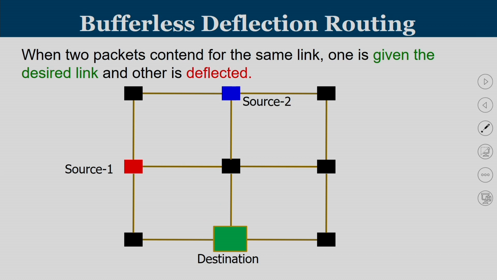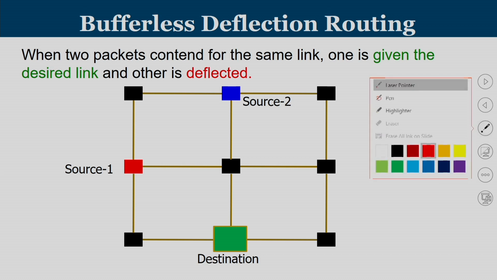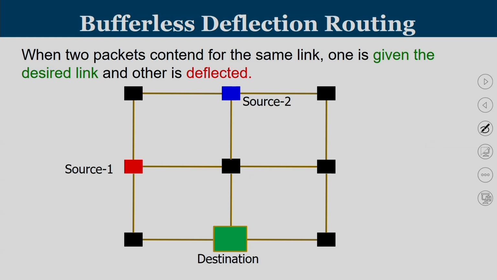So, when you apply XY routing, our conventional routing algorithm, we can see that the packet from the red is going to travel like this, and the packet from blue also is going to travel like this, and at this junction point they both are competing for the same output. The same output is south.